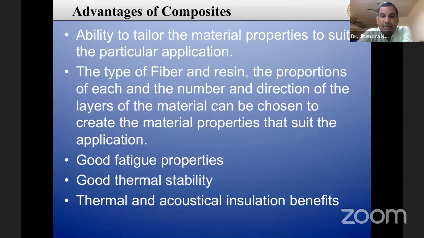In that case, pure epoxy cannot withstand more than 180 degrees centigrade; that is the thermal degradation of that epoxy material. So you select the reinforcement in such a way that you can improve the thermal property also. So the composites you have fabricated can at least show better thermal stability than their constituent materials.